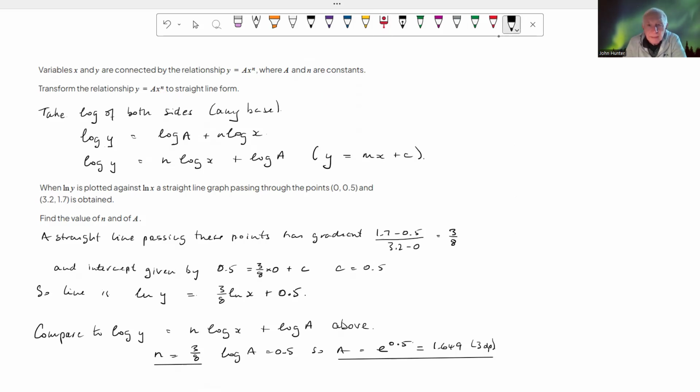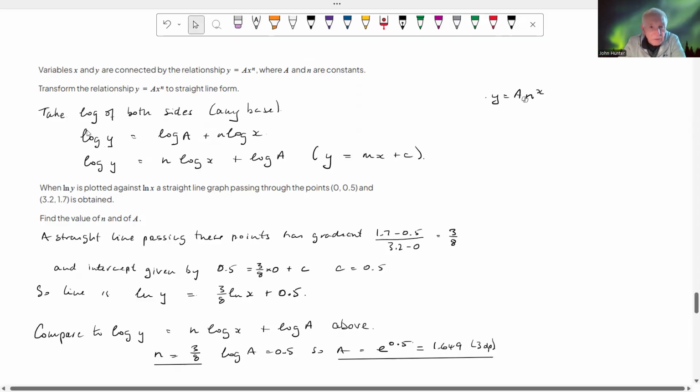In other similar problems, you actually might be given y equals a times n to the power of x, and that would be an exponential relationship. But in this case, we can do a similar sort of thing.